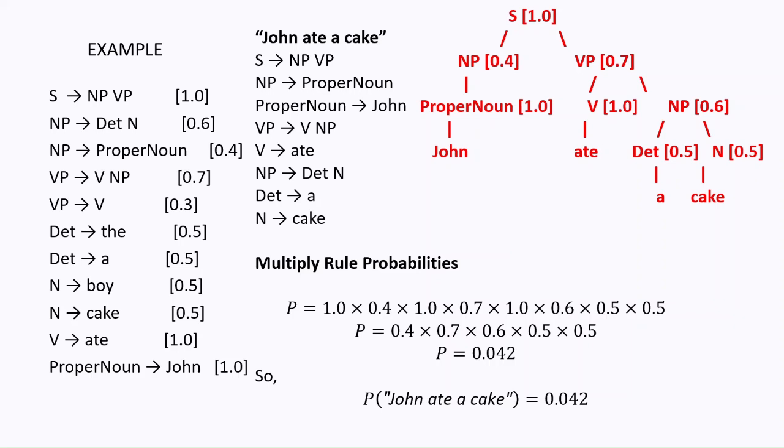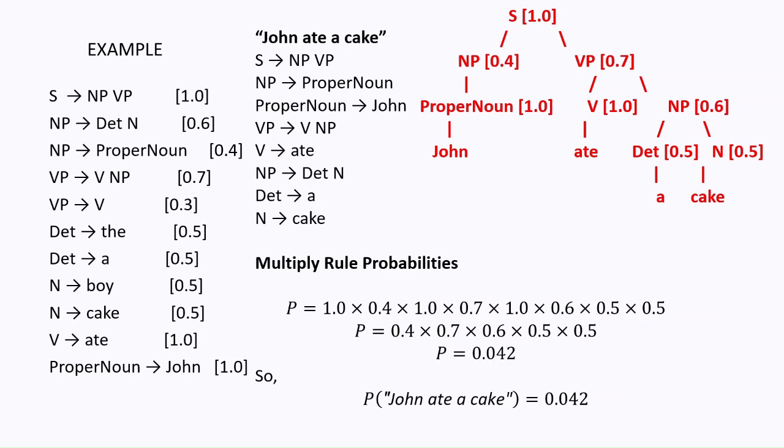Now based on the values given for the probability, you assign the probability in a square bracket: 1.0 for the sentence, the noun phrase is 0.4, proper noun is 1, then 0.7 for verb phrase, 1 for verb, NP 0.6, determiner 0.5, noun 0.5. Like that you assign the probability values.